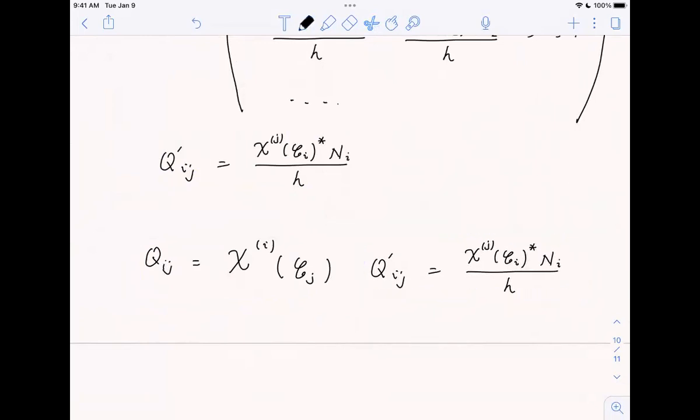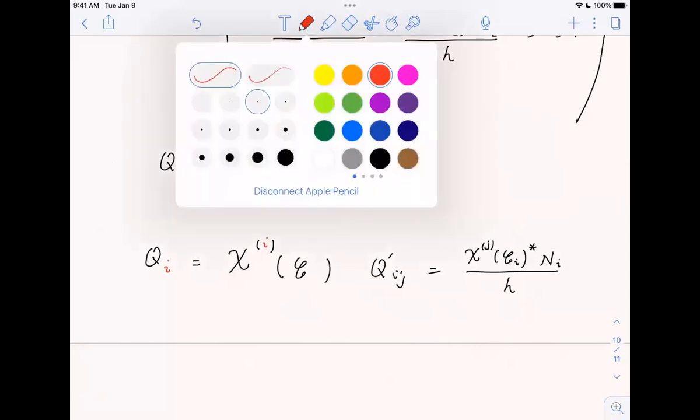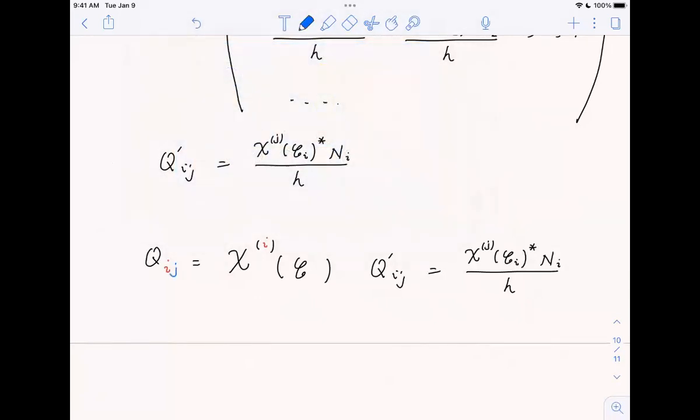Okay, let's compare. So this one is I, J, but this one is different.